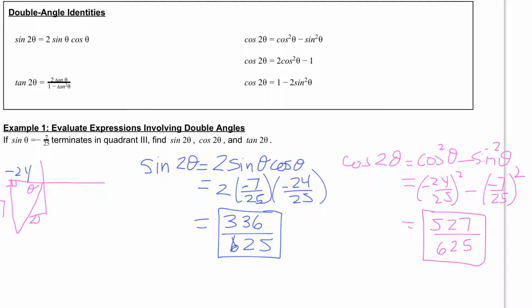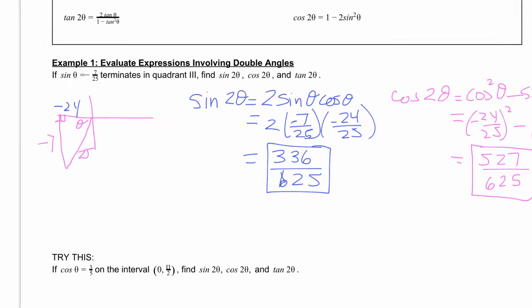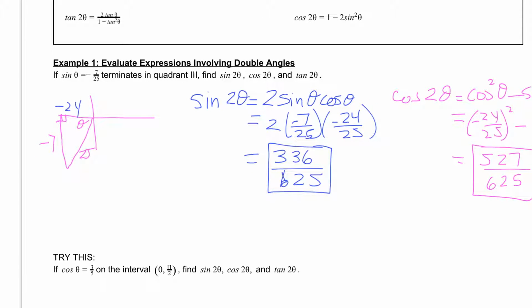Next, what we're going to do is the tangent of 2 theta. So I'm going to scroll up a little bit. So tan of 2 theta, using the formula from above, that's 2 tangent theta over 1 minus tan squared.